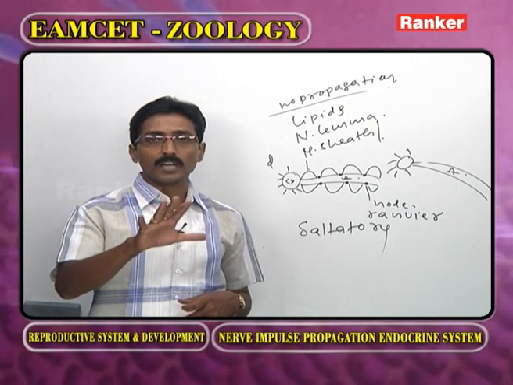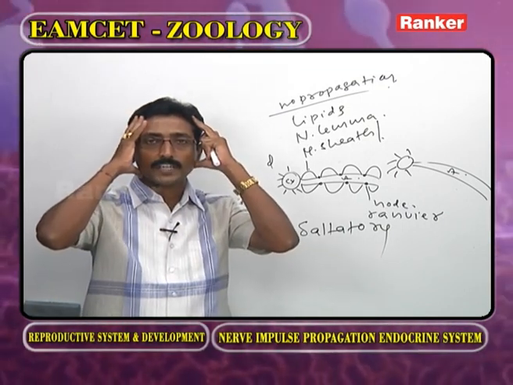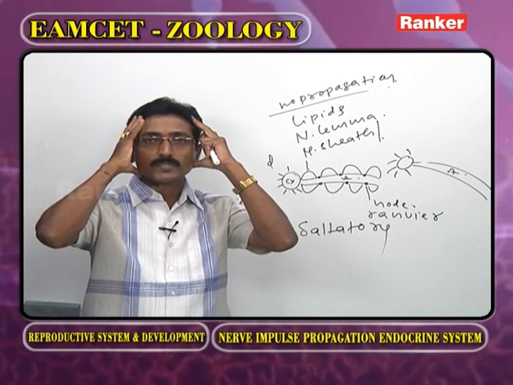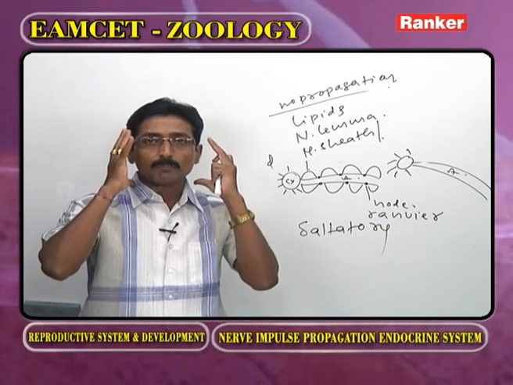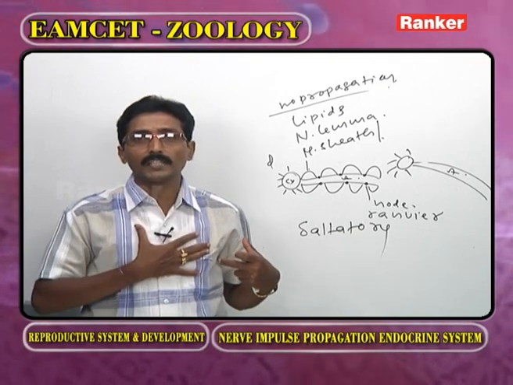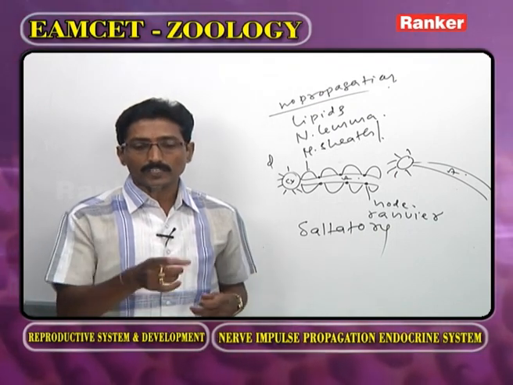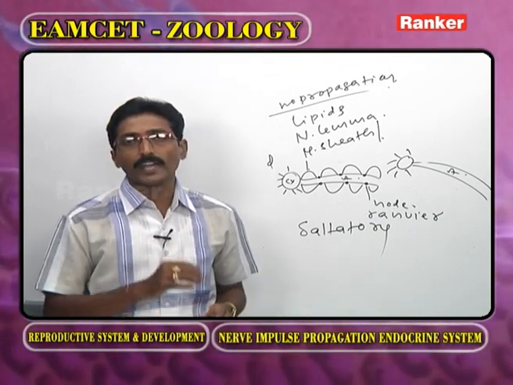Vagus does not give any branches to the parts of the head region. The vagus gives branches to the parts behind the head region. The chest is behind the head region. The abdomen is behind the head region. So here the answer is the vagus.